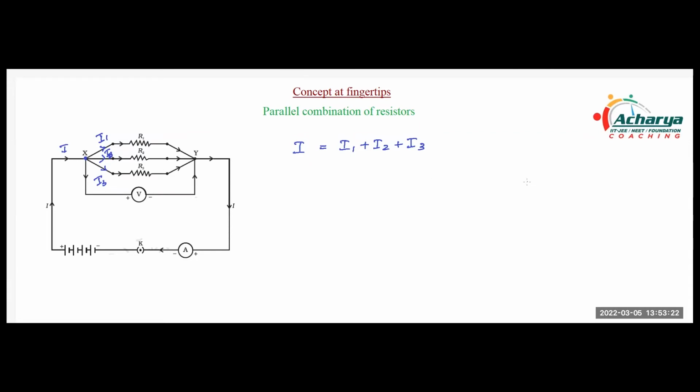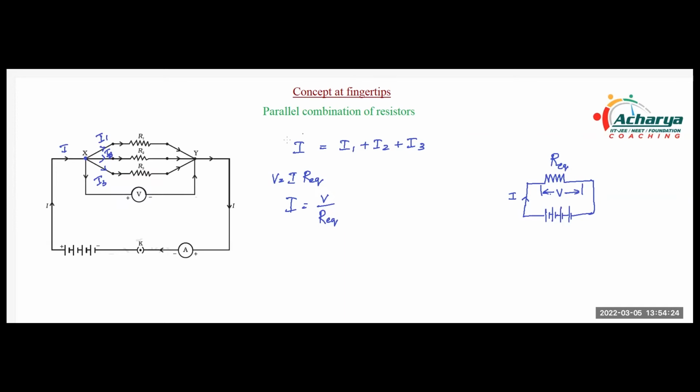Now if we convert these 3 resistances into an equivalent resistance R equivalent, and we draw the supply as the same supply, and this is the total current I, and if we measure the voltage across this equivalent resistance, it will be V. So if you apply Ohm's law in this equivalent circuit, we get V is equal to I into R equivalent, or the total current I is equal to V by R equivalent.